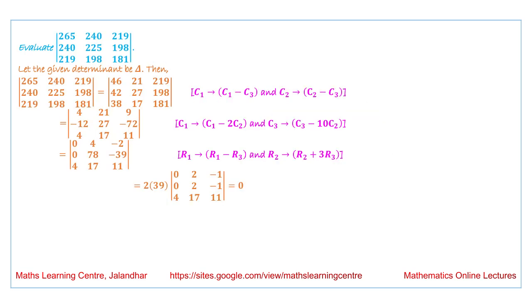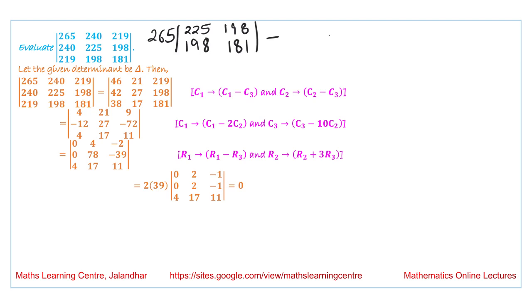Next we have to evaluate the value of this determinant. The first thing you can do is manually expand this determinant. You will get 265, then the determinant of 225, 198, 198, 181.